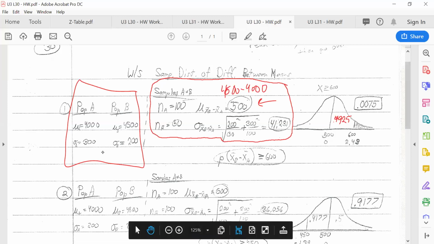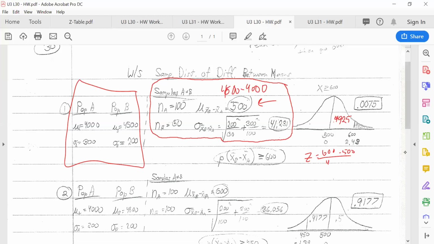The z-score is just 600 minus 500 divided by 41.231, and that's where the 2.43 comes from. And then I look up 2.43 on my z-table, and I get 0.4925. Subtract from 0.5, and I get my answer, 0.0075.